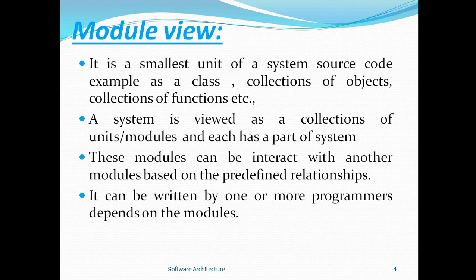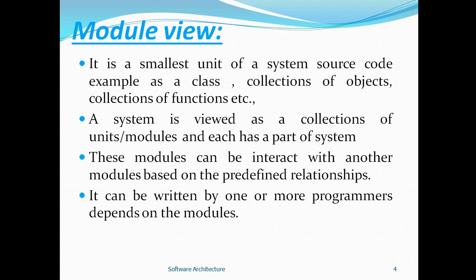These modules can be written by a single programmer or more than one programmer. Every product is not built in a single component. It requires multiple components to build a big product.